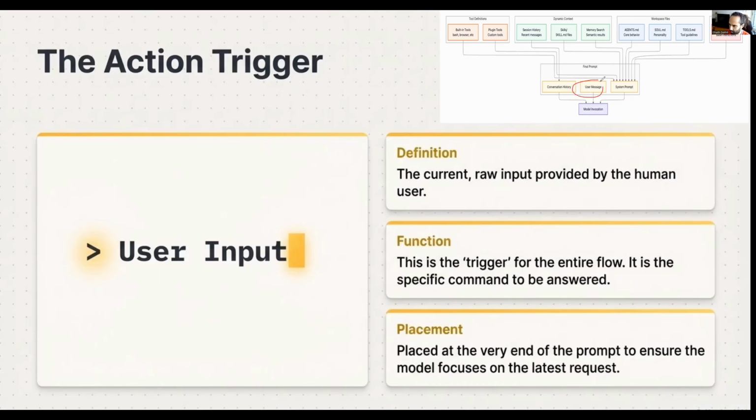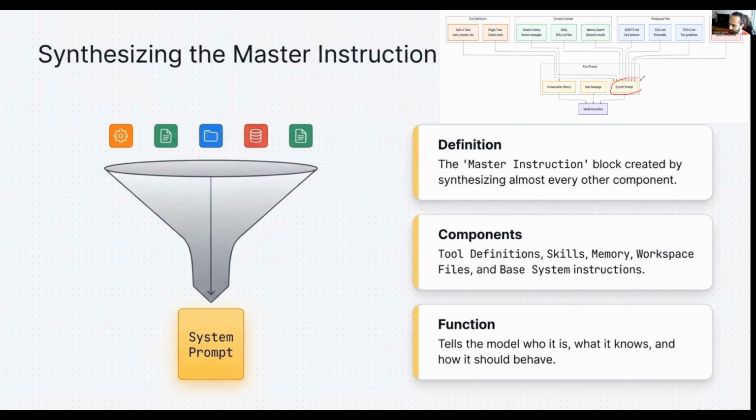Also, we have the user prompt, which is the raw input, the current query provided by the user, which will be placed at the very end of the prompt. And we have the system prompt, which is created by the combination of all or almost all the previous blocks, except this one, which goes in the conversation history.